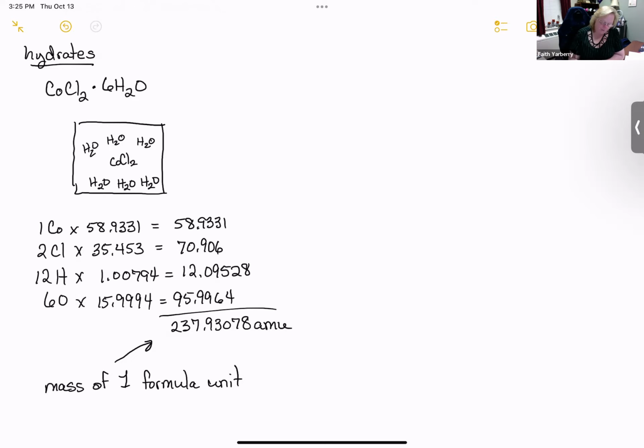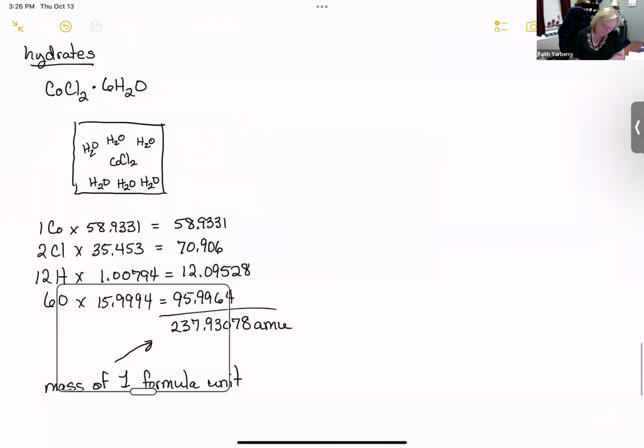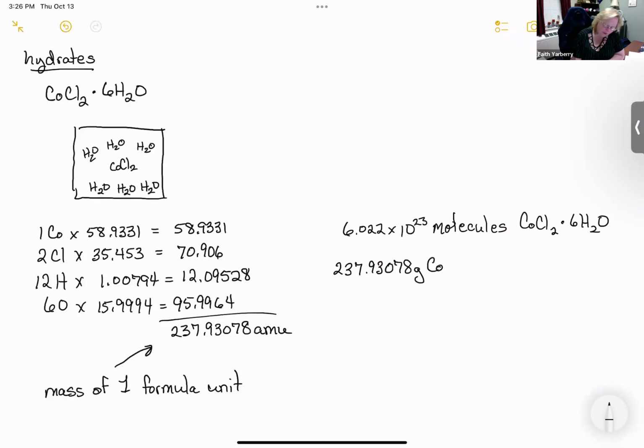And just like before, instead of 1 unit, if we want to talk about 6.022 times 10 to the 23rd molecules of CoCl2·6H2O, then it would be 237.93078 grams of CoCl2·6H2O is equal to 1 mole of CoCl2·6H2O. Questions?